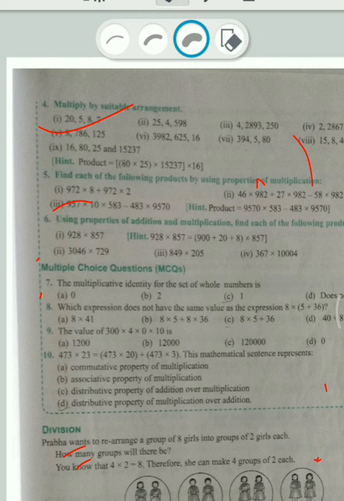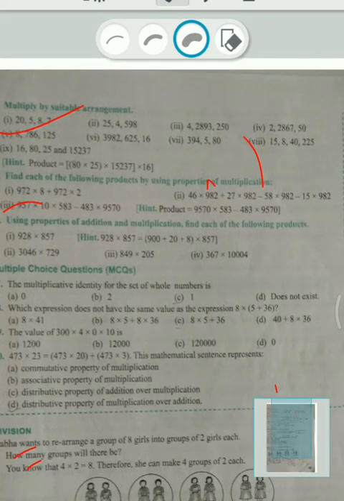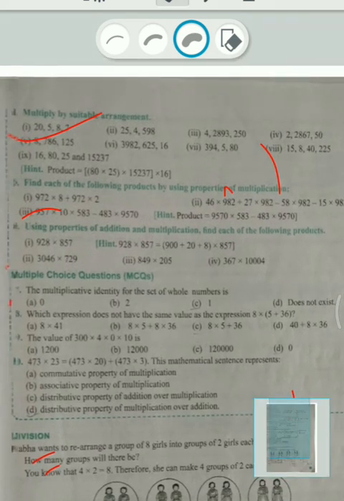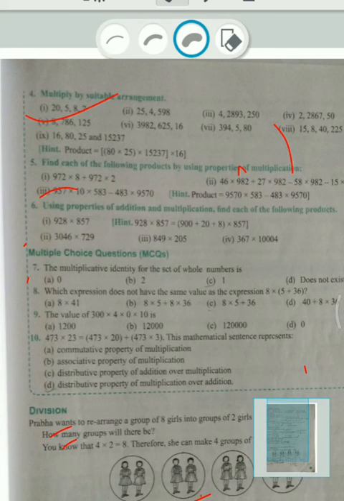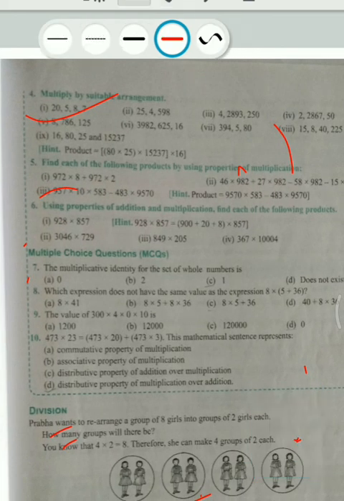Which expression doesn't have the same value as the expression given here, that is 8 into 5 plus 36. The first one, we can add 36 plus 5. 36 plus 5 is what, student? 41, so 8 into 41. That is the same. The second form we can write as 8 into 5 plus 8 into 36.